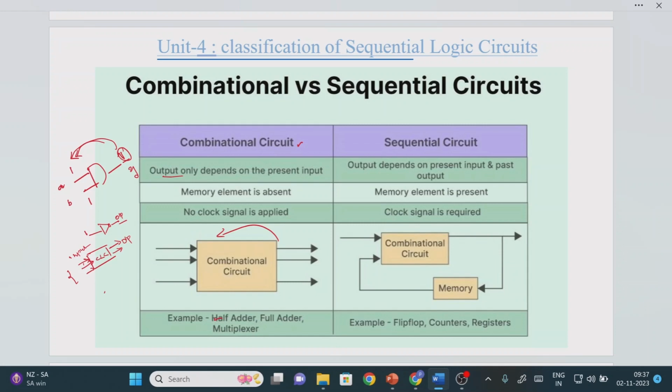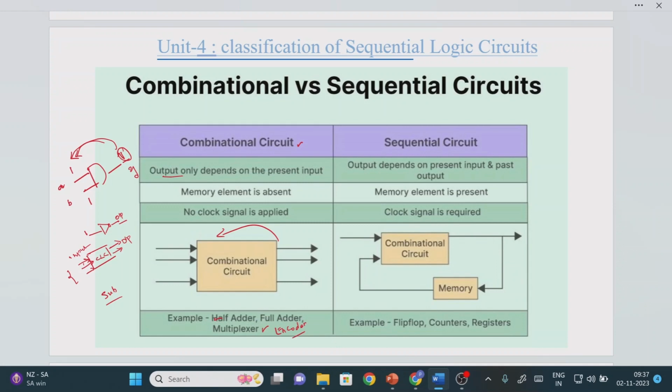The subtractor also comes under combinational logic circuits: if you want to get the difference and borrow, you should give the input values. If the output completely depends upon the input value, it is called a combinational logic circuit. Other examples are the multiplexer, demultiplexer, encoder and decoder.